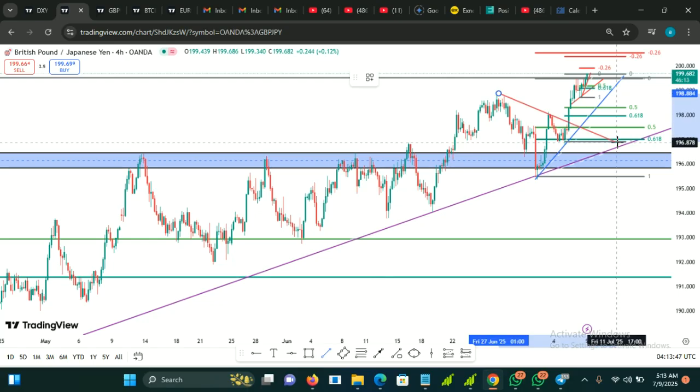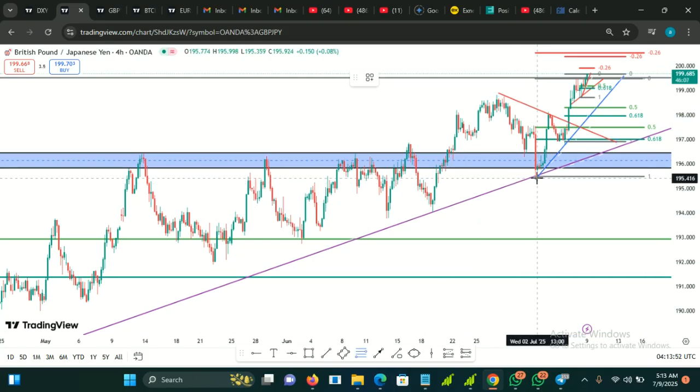If this is still going to buy from here, as you can see, it bought to this. Let me show you something. It bought to this place, it bought here, then it reversed to this 0.5, then it continued buying.